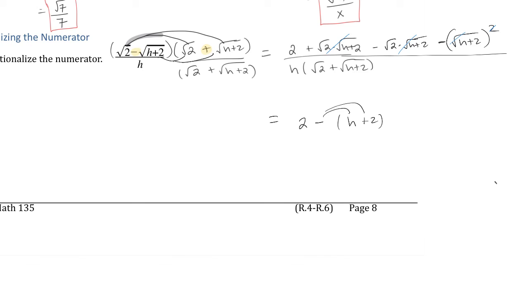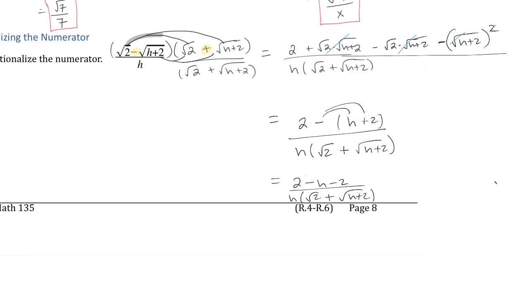Just distribute your negative. Let's see what we have down in the denominator. Still h times square root of 2 plus square root of h plus 2. So we get 2 minus h minus 2 all over that same denominator.